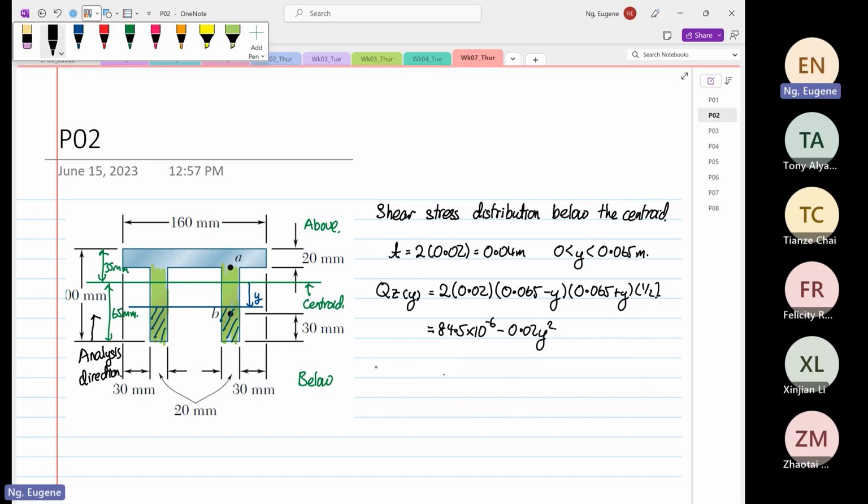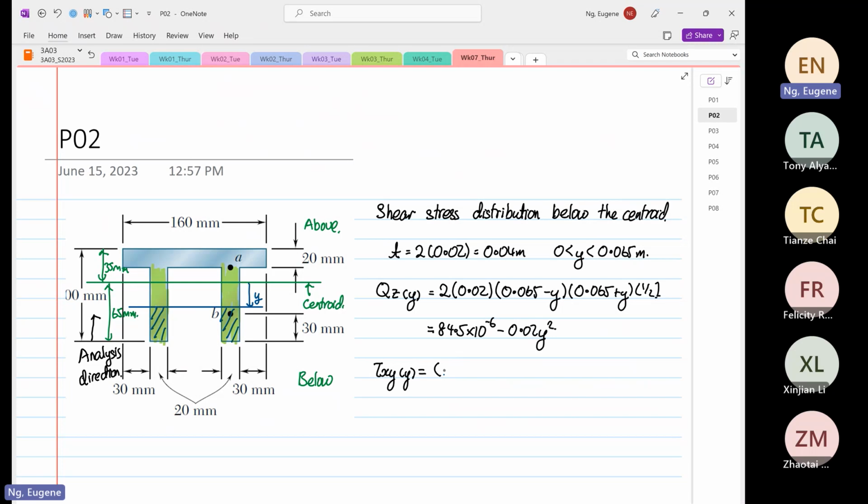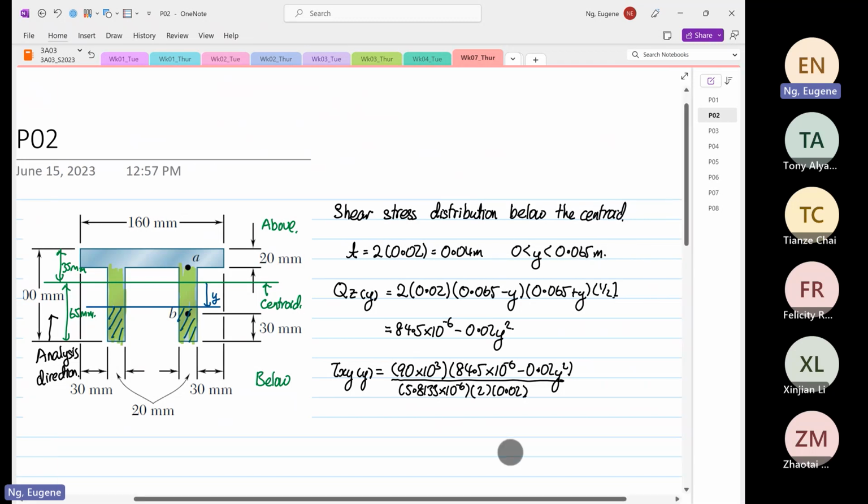Okay, so from here, shear xy as a function of y is equal to 90 times 10 to the power 3 multiplied by 84.5 times 10 to the power minus 6 minus 0.02 y squared, and then the whole thing divided by 5.8133 times 10 to the power minus 6, multiplied by 2 times 0.02.